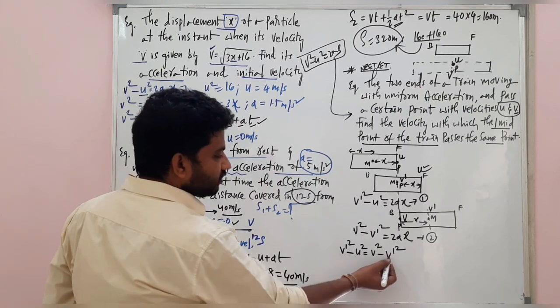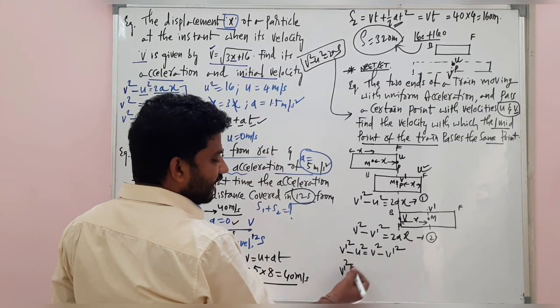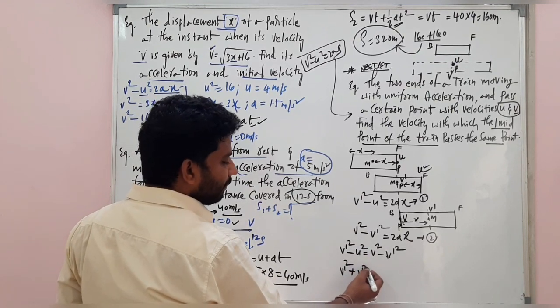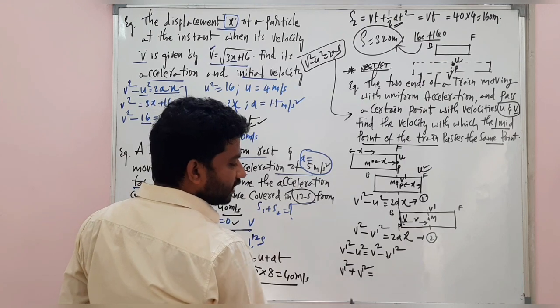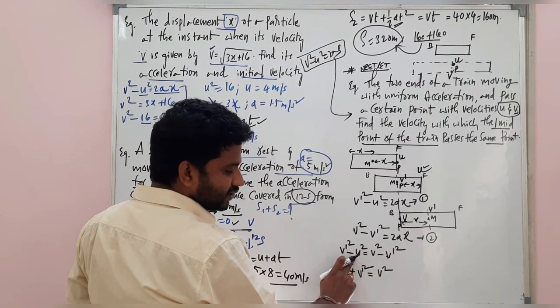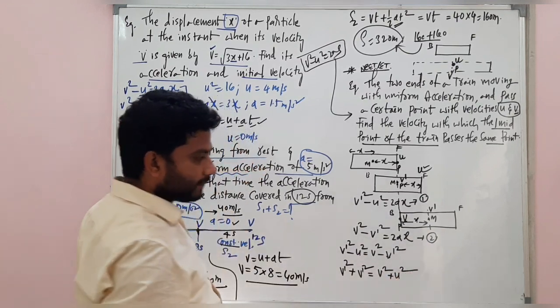So now take the v dash square to the other side, that will be plus v dash square, which is equal to v square on the right hand side, and minus u square, take to the other side, that will be plus u square.